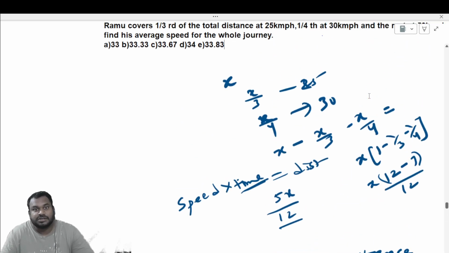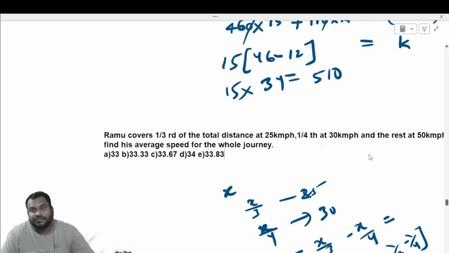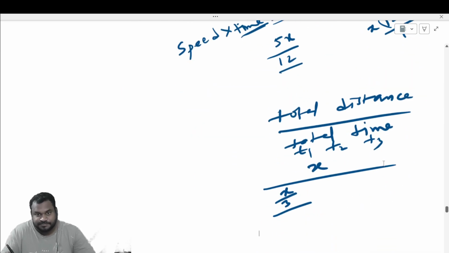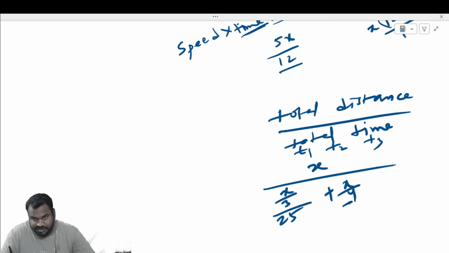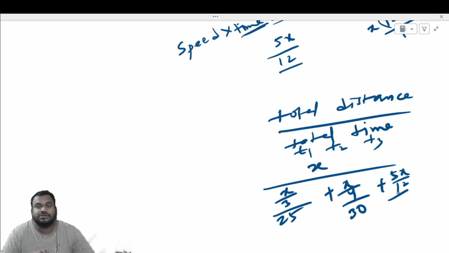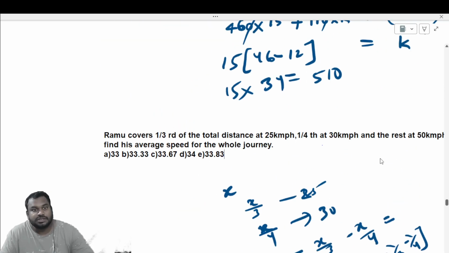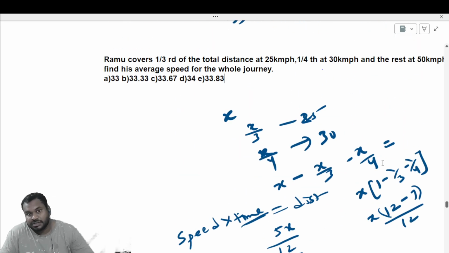What is the speed? 25. Next 30. Plus x by 4 by 30 plus 5x by 12 by how much? What is the speed? 50. The rest at 50.